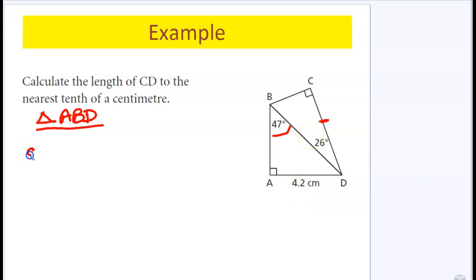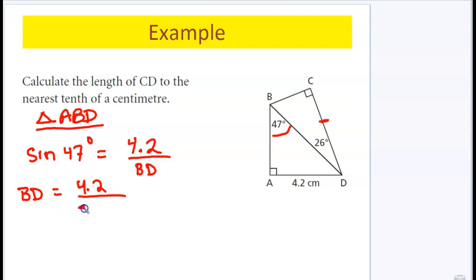So I'm going to be using the sine of 47 degrees is going to be the opposite side, which is 4.2 divided by, and I'm going to use line segment BD now instead of side A because I'm going to apply BD to the second triangle in the next step. Again, isolating side BD, I'm going to end up getting 4.2 divided by the sine of 47 degrees.